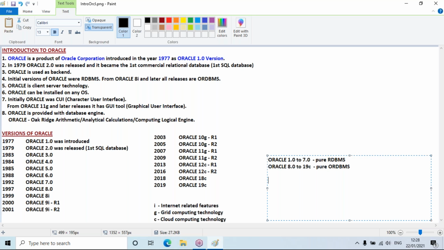What is ORDBMS? Yesterday I said. ORDBMS is a combination of RDBMS plus object-oriented features.